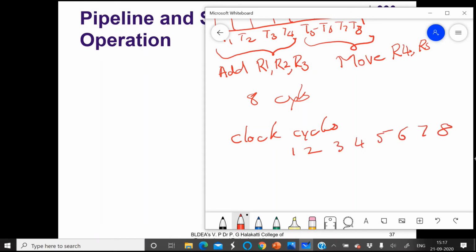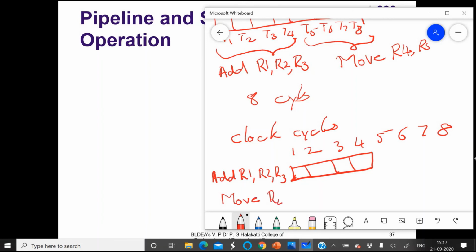The first instruction, add R1, R2, R3, will take the first 4 cycles, and in the meanwhile, while add R1, R2, R3 is getting executed, the processor is able to fetch the next instruction, that is move R4, R5.